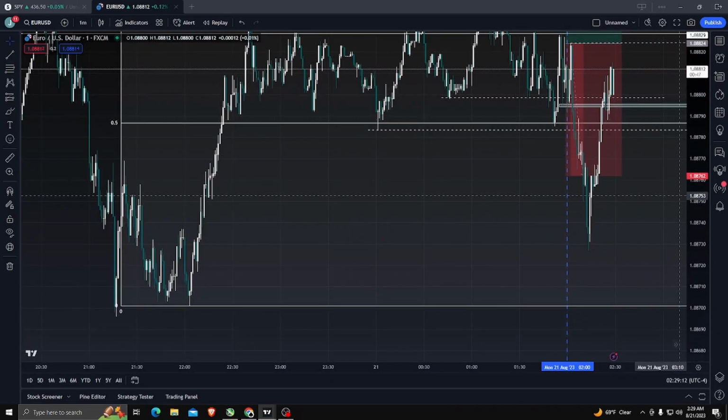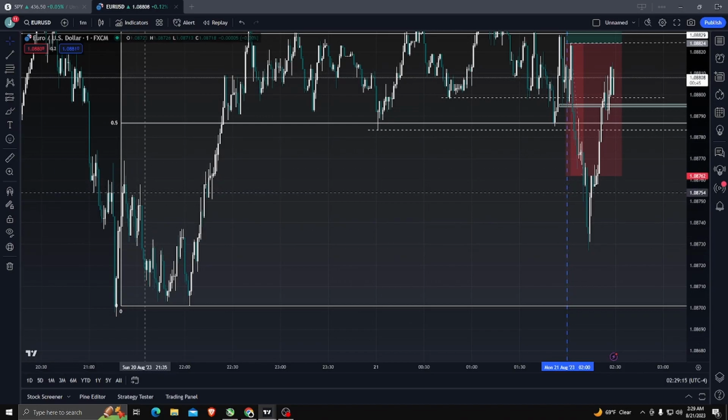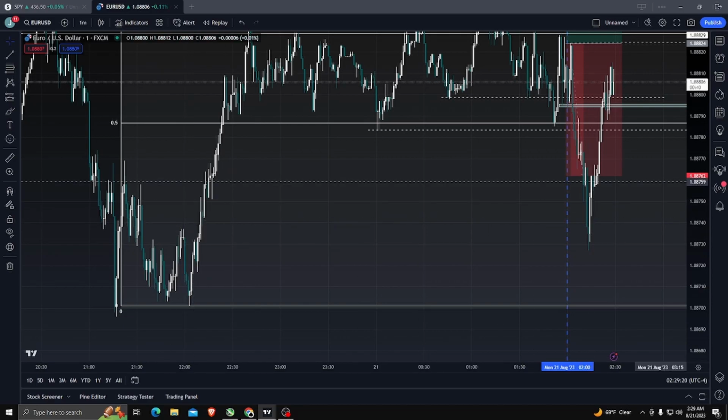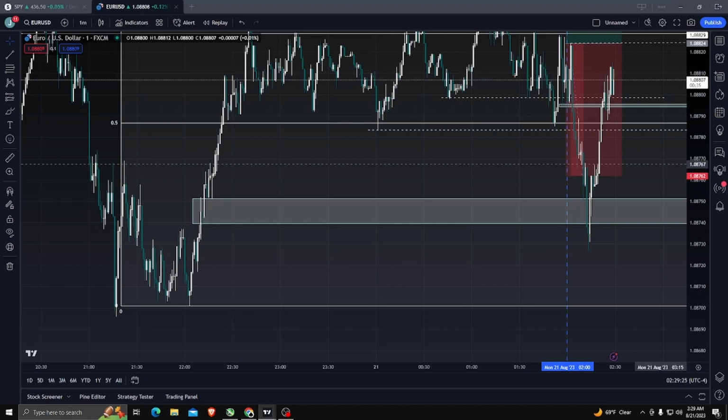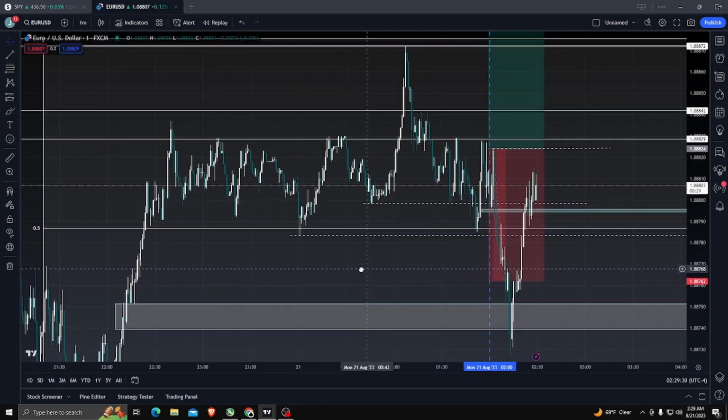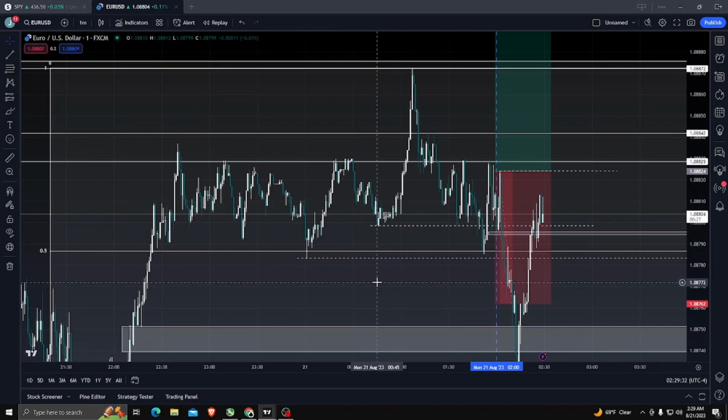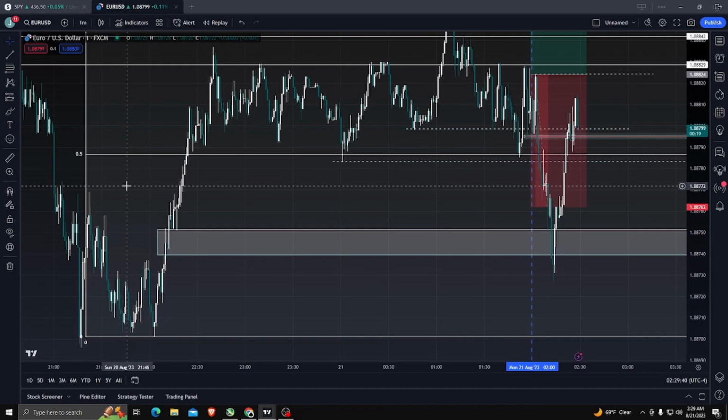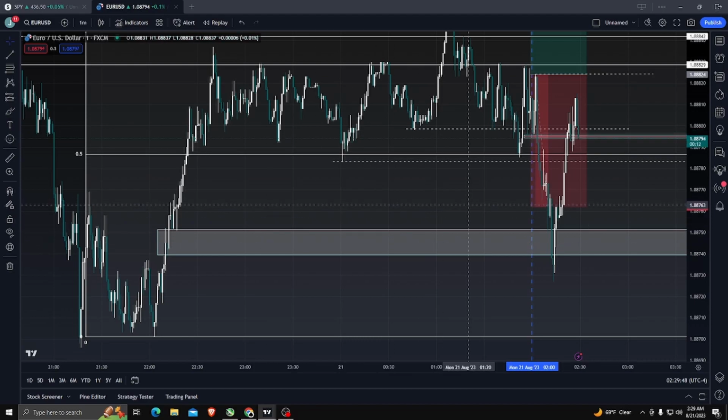Where did I make the mistake? Where didn't I see that my actual stop loss was incorrect? Right here? This fair value gap? The inverse fair value gap that we have sitting below here? All right, I guess it's the four.